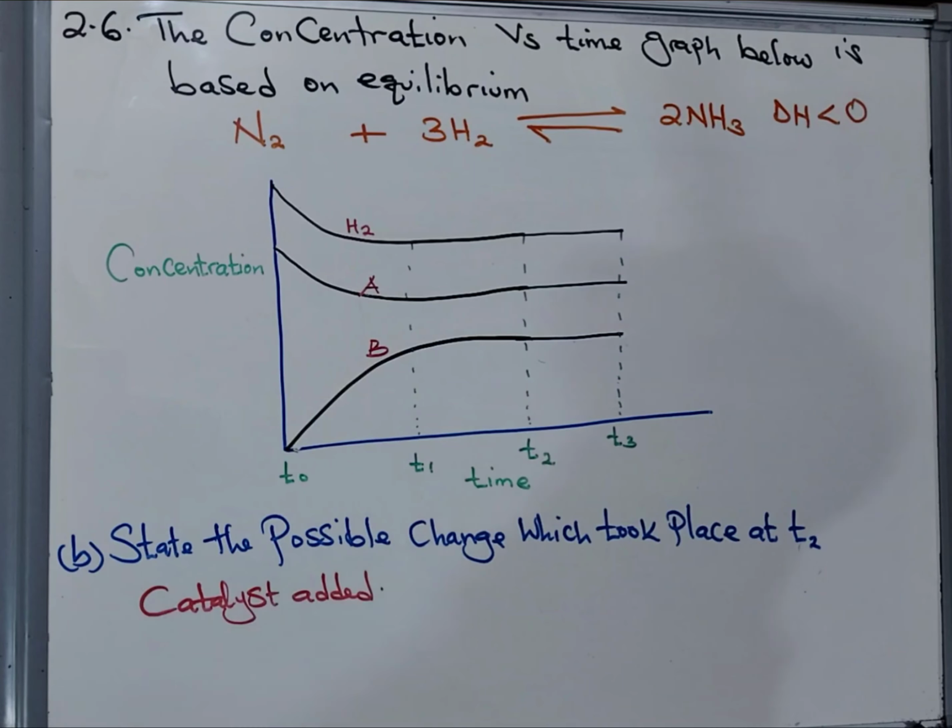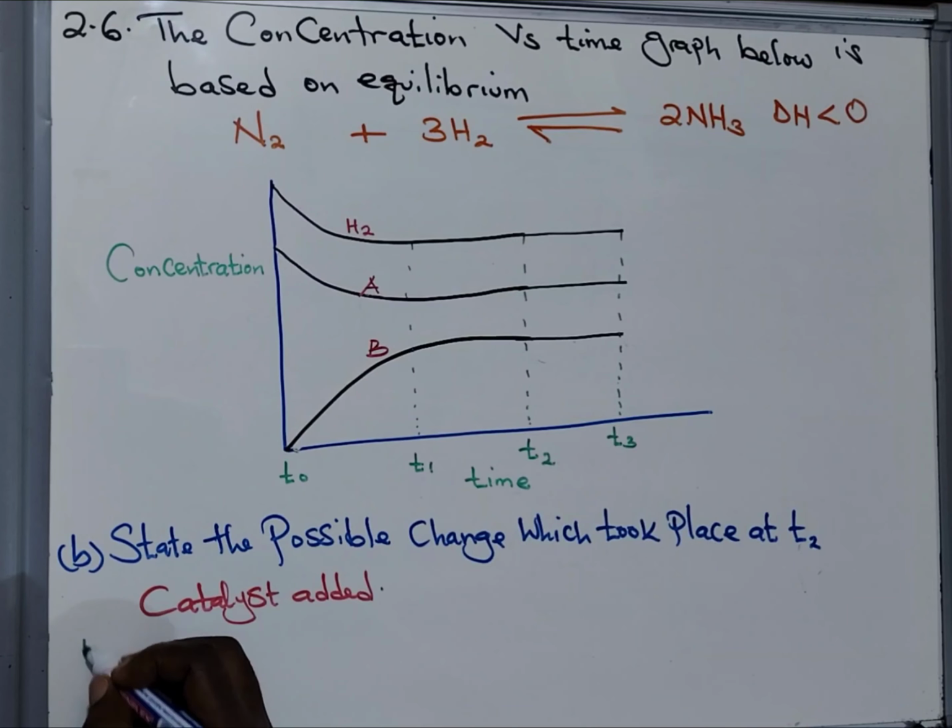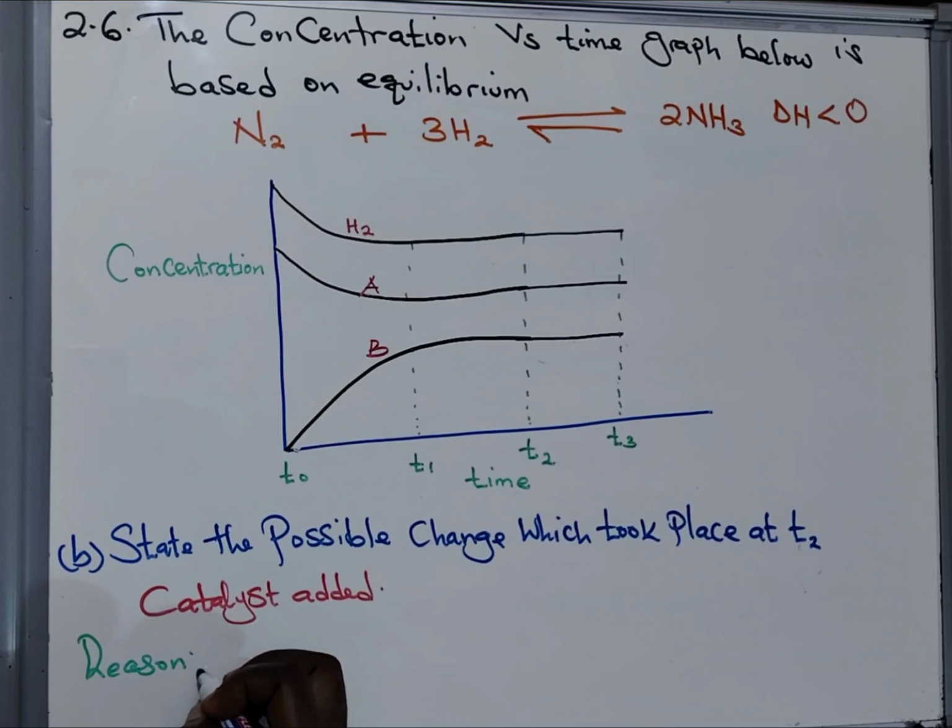Reason. The reason is that a catalyst favors both forward and reverse reactions to the same extent, so it does not influence the position of equilibrium.